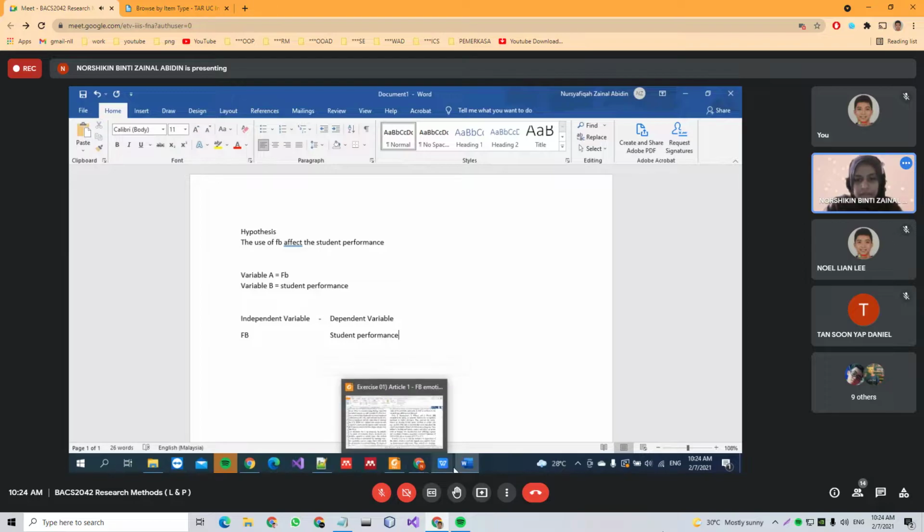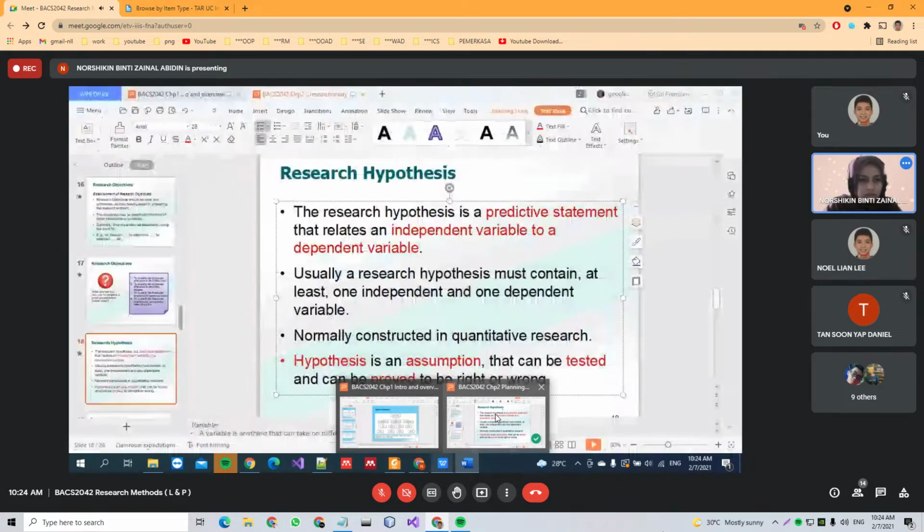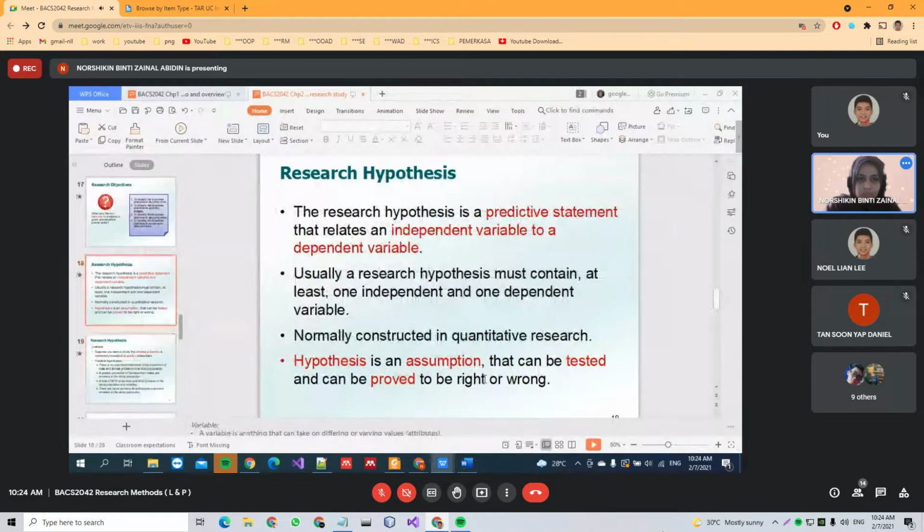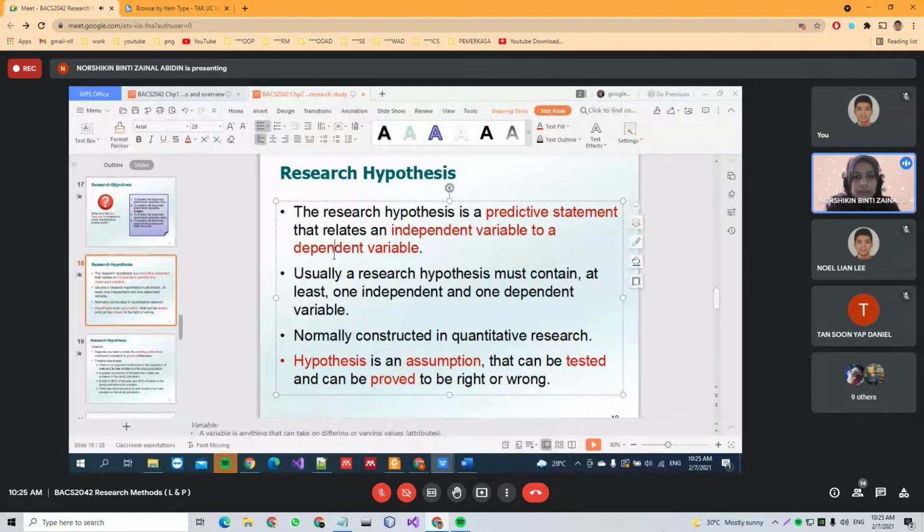Let's go back first to your lecture note. Okay, I'll explain this first. So your hypothesis is a predictive statement or anything that you want to justify using your research. And it should contain independent and dependent variable. Usually a research hypothesis must contain at least one independent and one dependent variable.